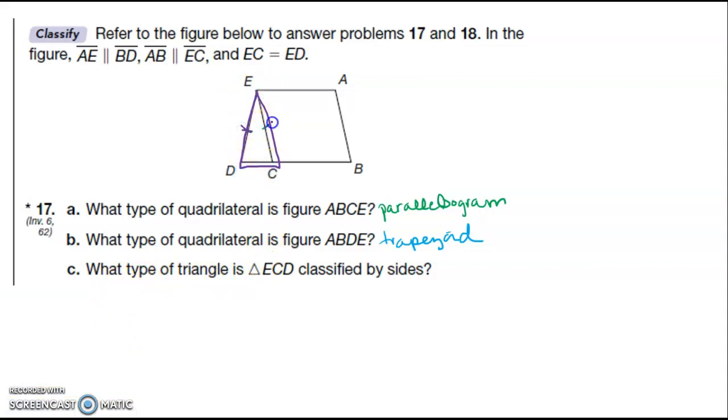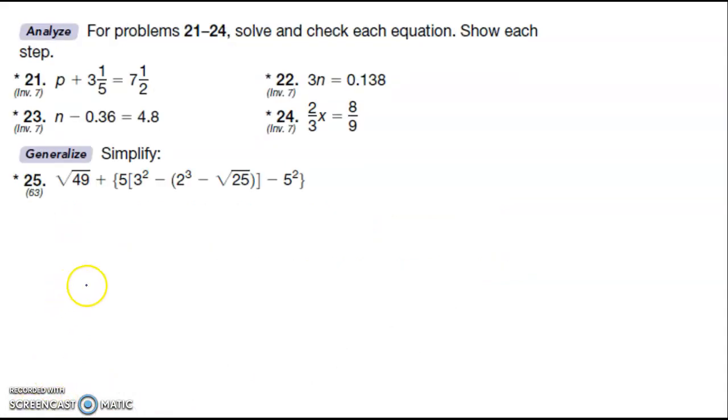So we know that these two sides are the same. And a triangle that has two sides the same is an isosceles triangle. Okay, so let's go ahead and do 21, which is P plus 3 and 1/5.